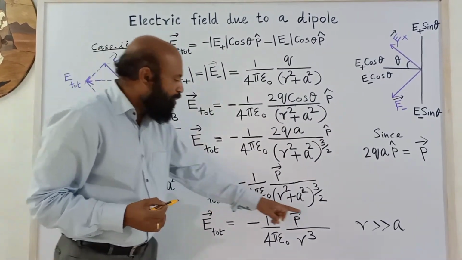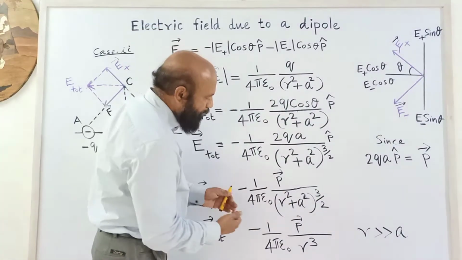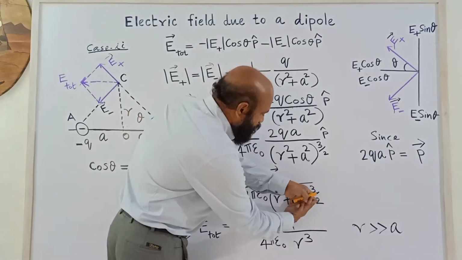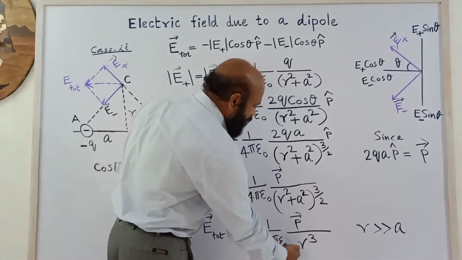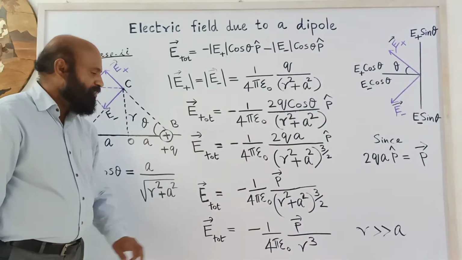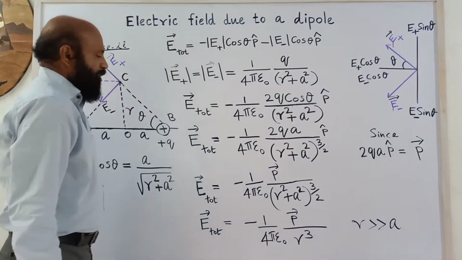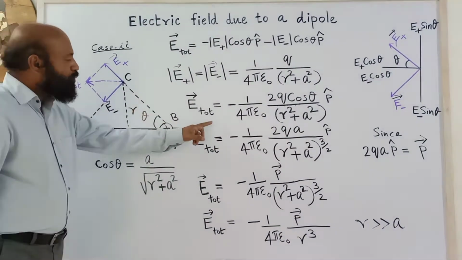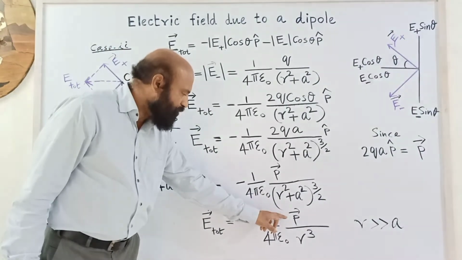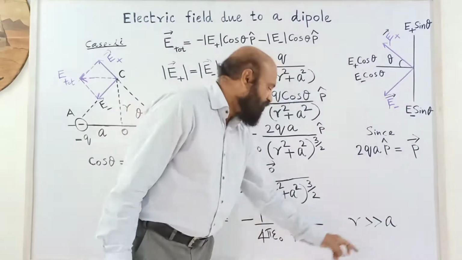Then suppose r is very much larger than a. So this a can be neglected, and this 2 will get cancelled. So you will get r cube. So this is the expression for the total intensity when r is very much greater than a. When the point is on the axial line, the field will be double of this, with an expression of 2 when the distance is very much larger than a.